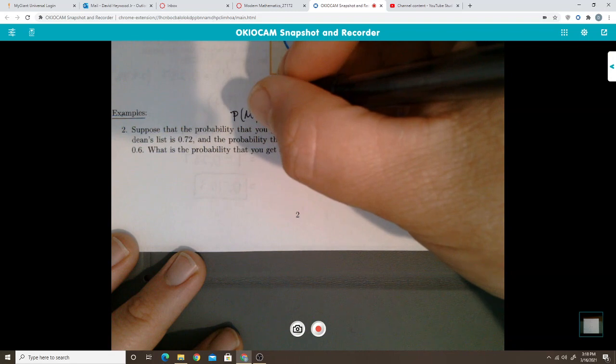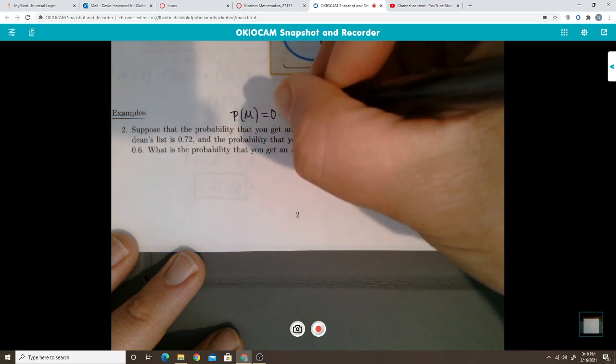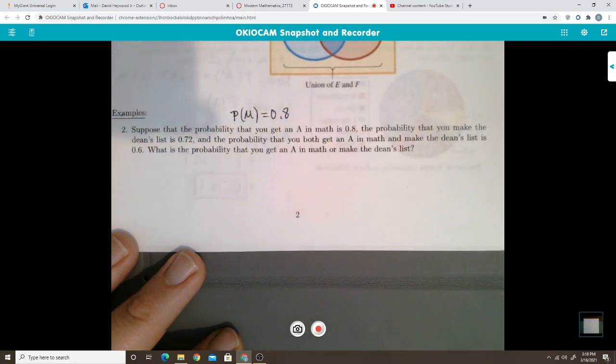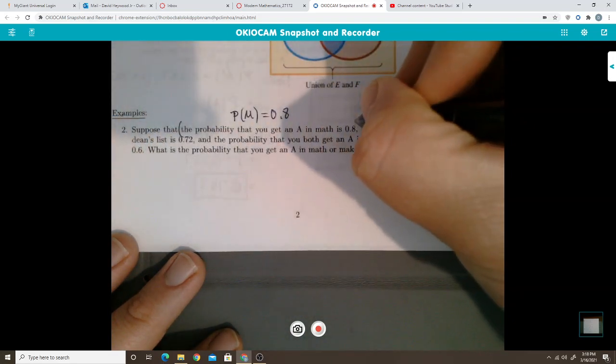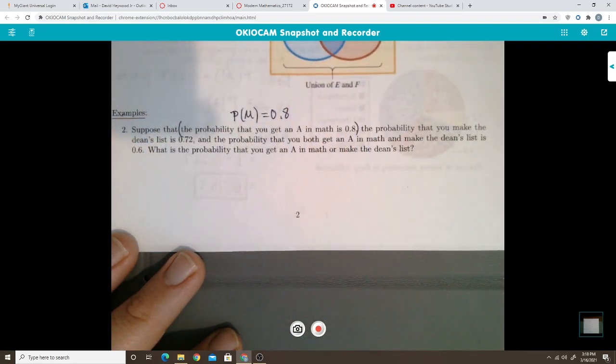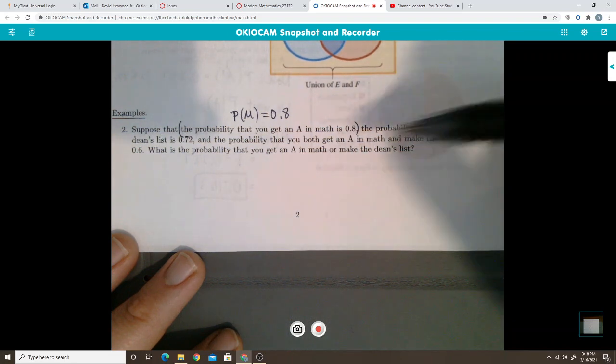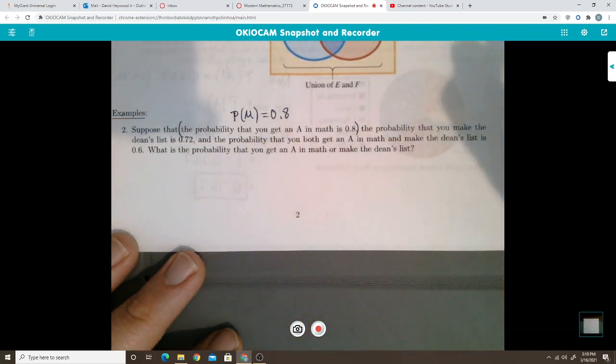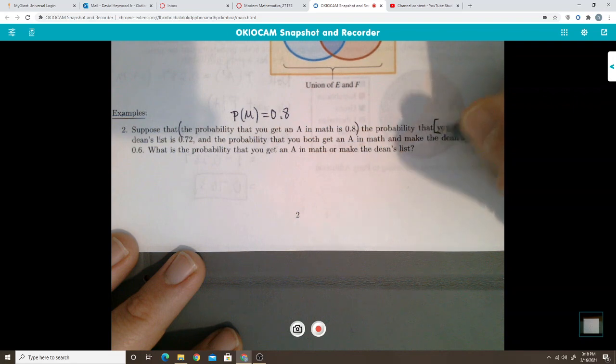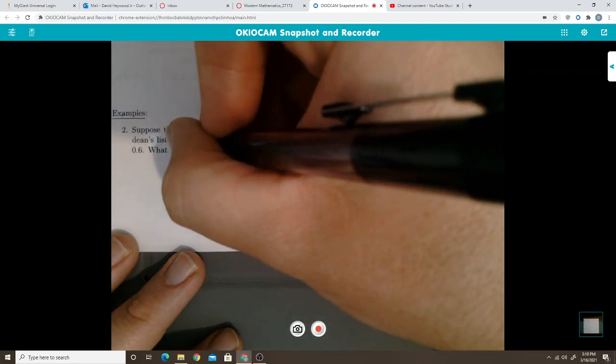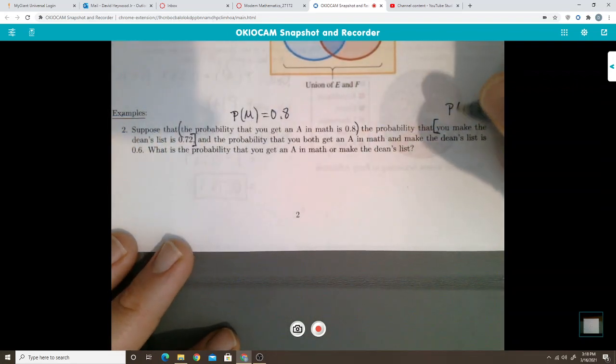So probability you get an A in math is 0.8, right? That's what that first statement says. The next statement says the probability that you make the dean's list is 0.72. So I'm going to call that P of D, D for dean's list, 0.72.